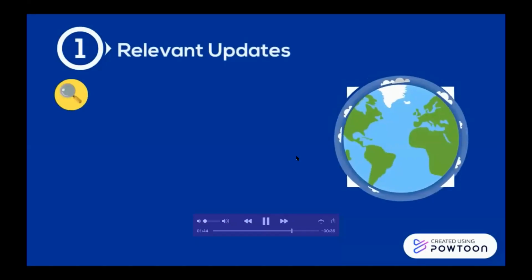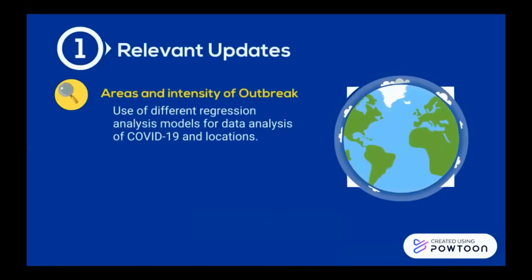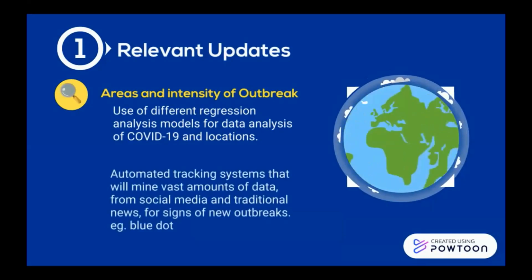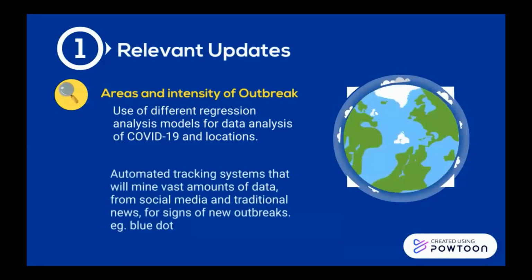Another minor feature the app has is the relevant updates feature. This is kind of inspired by BlueDot. It makes use of different regression analysis models for data analysis, potential COVID hotspots, and automated tracking systems, right? So you can get to know where the virus is more widespread, or where it's likely to occur next.